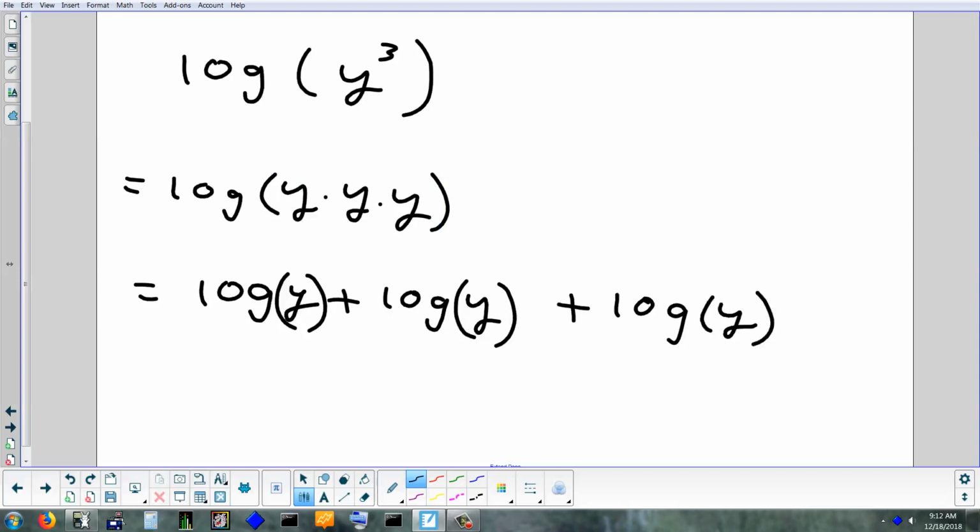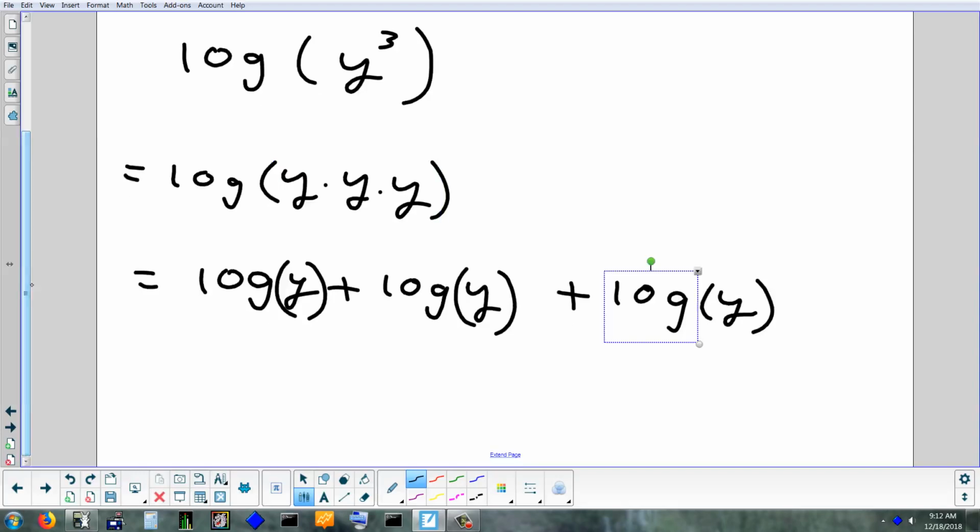Now I've got log y plus another log y plus another log y. What would that equal if you added them all up? 3 log y. Yeah, you have 3. It's like if you did x plus x plus x, you have 3 x's. Well, this is log y. So you have 3 of the log y's.